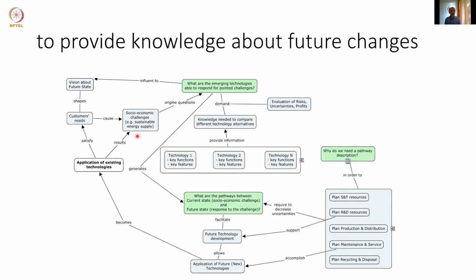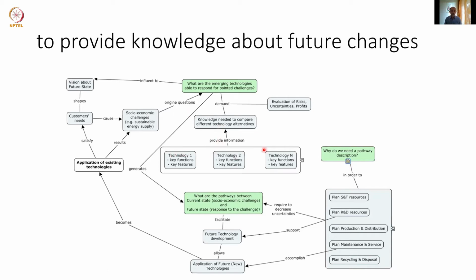And those social and technological challenges will also produce the question: what are the emerging technologies able to respond to those challenges? What are the next technologies which will respond to the limitation of energy use? How do we make sure that our smartphone will always be charged, for instance?